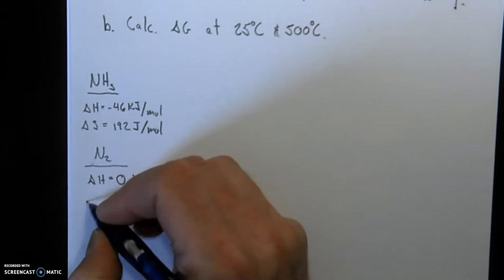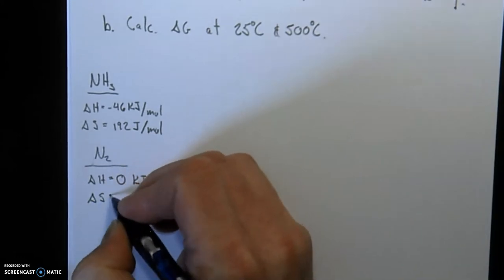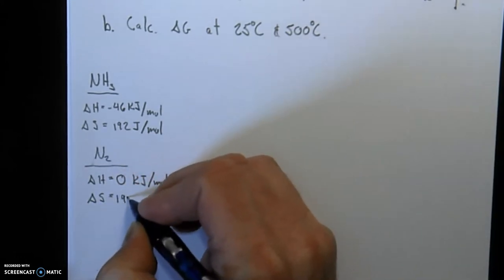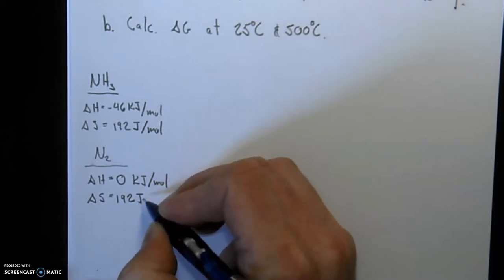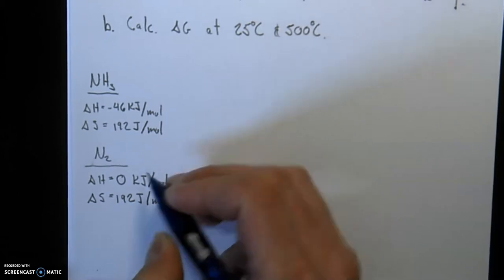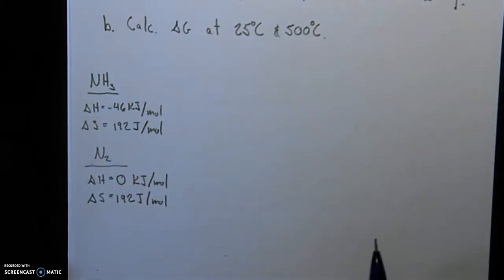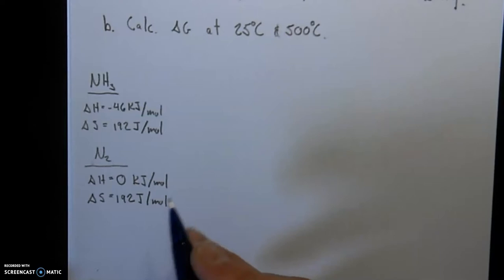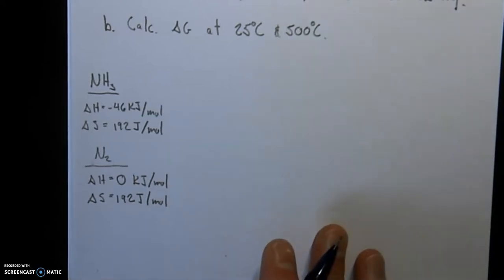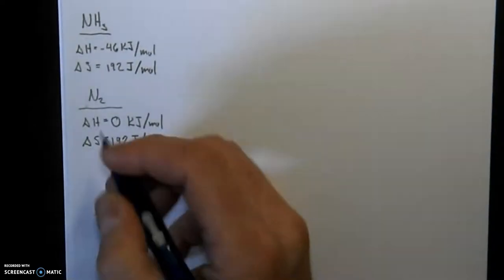I'll talk about that in a second. Its delta S value is equal to 192 joules per mole. And why is nitrogen's delta H value 0? Because it does not require any energy to make nitrogen from its elemental form, which happens to be nitrogen.